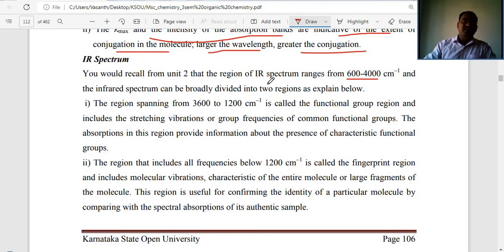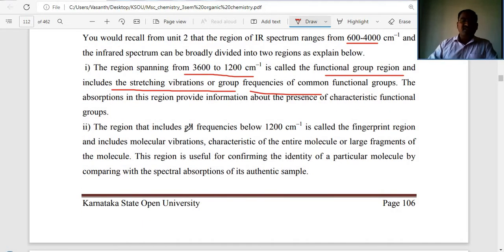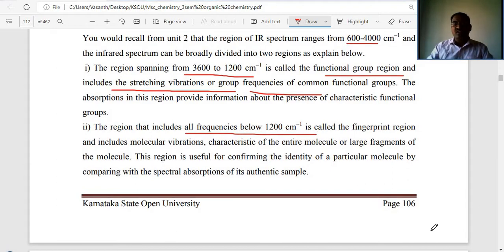The region spanning 3600 to 1200 per centimeter is called the functional group region and includes the stretching vibrations or group frequencies of common functional groups. Absorptions in this region provide information about the presence of characteristic functional groups. The region that includes all frequencies below 1200 is called the fingerprint region.